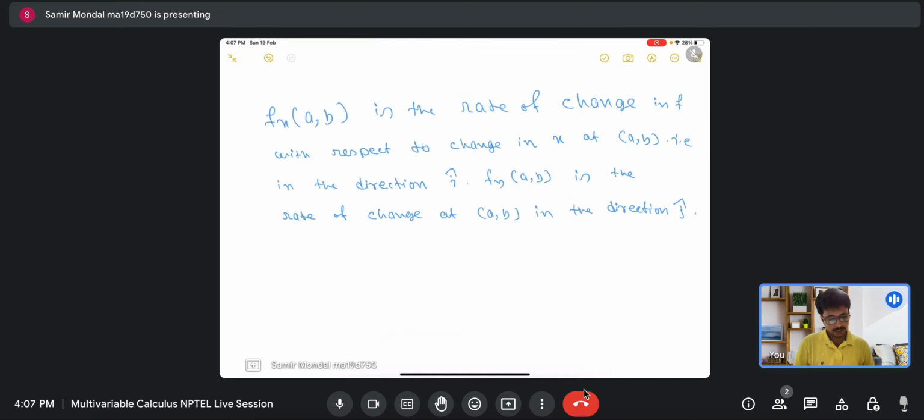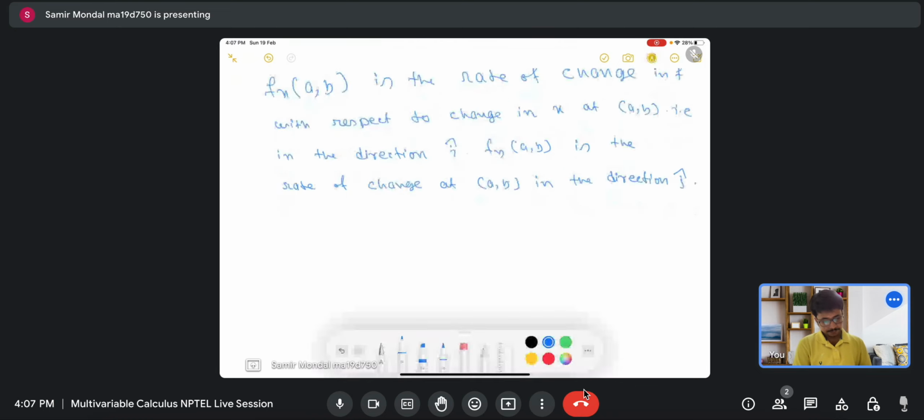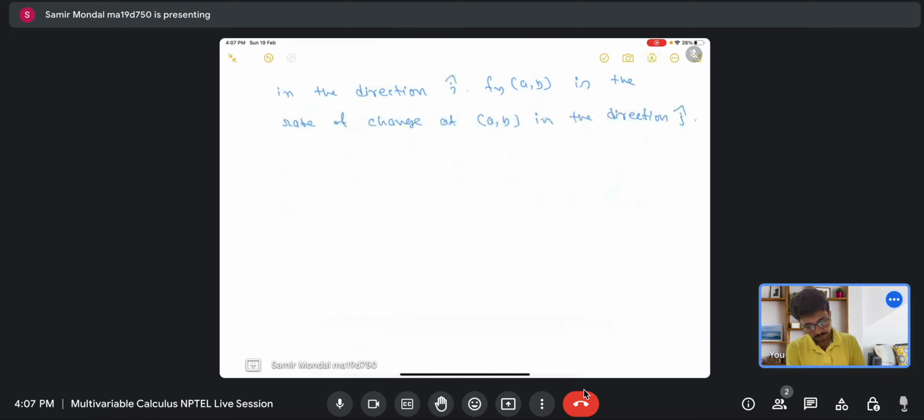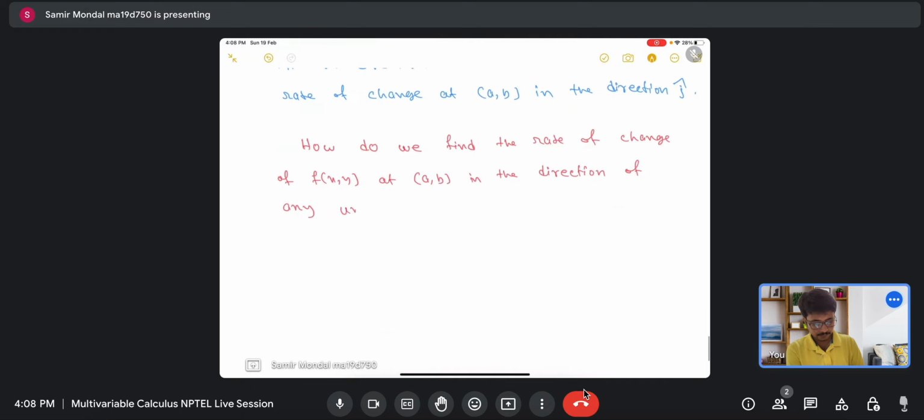Now our question is, how do we find the rate of change of f of x y at the given point a b in the direction of any unit vector u cap?